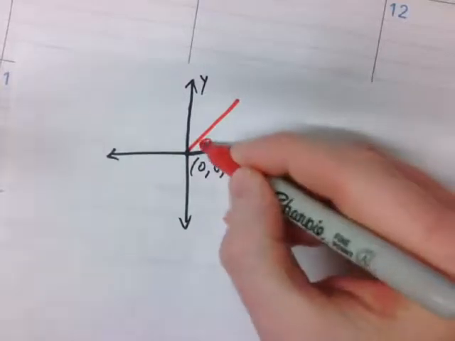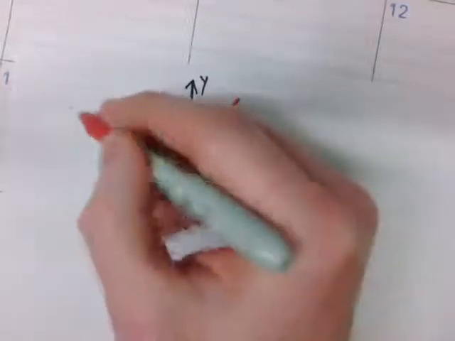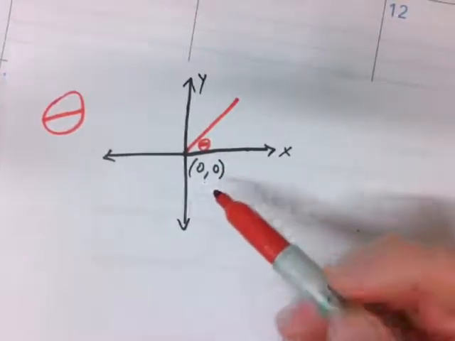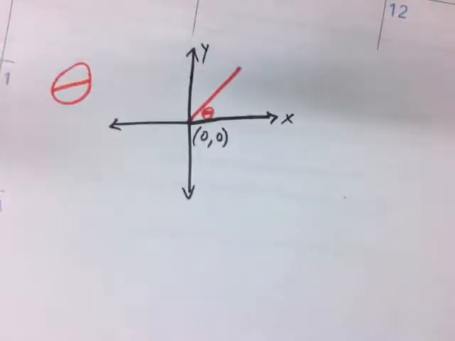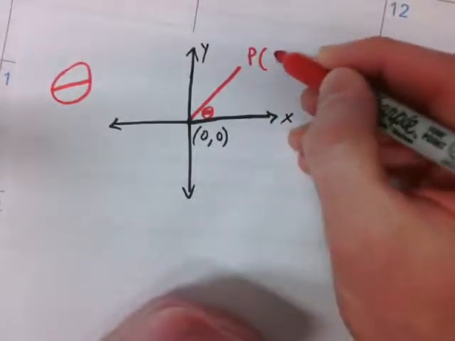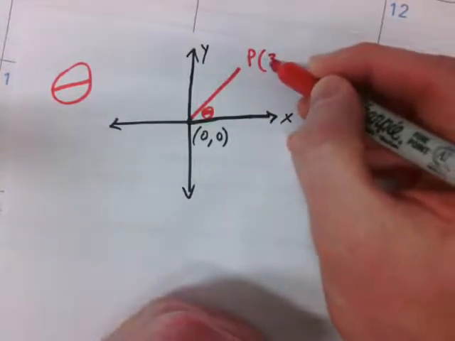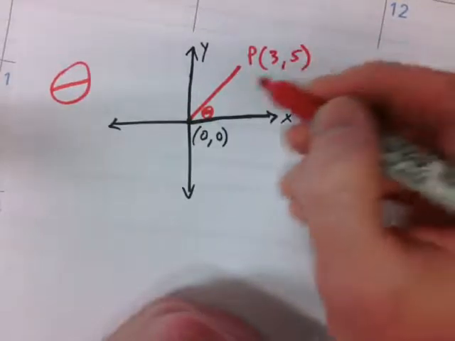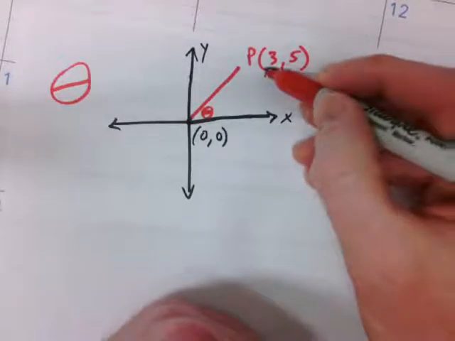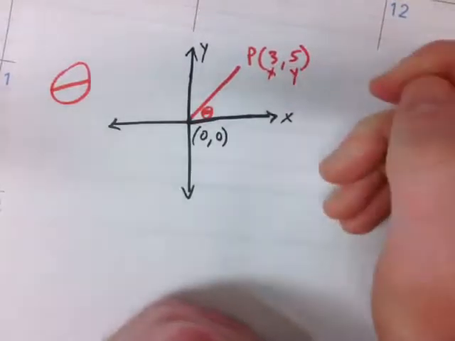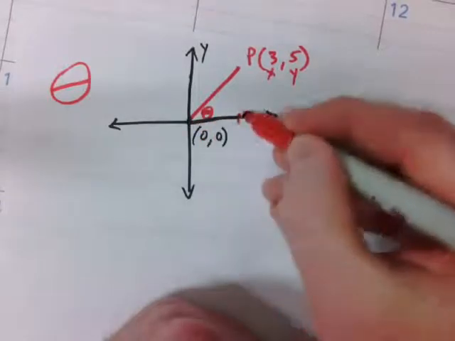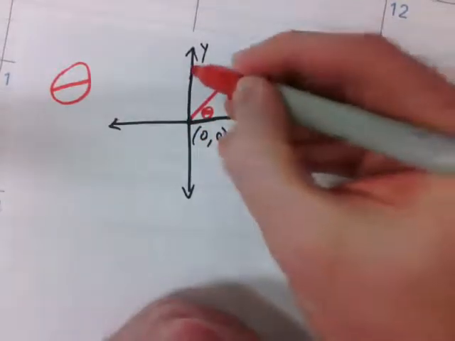That angle is theta. You are told that there's a point P, and I'm just making up numbers. Let's say it's 3 and 5. What that means is the x value is 3, and the y value is 5. So it's 3 wide and then 5 high.